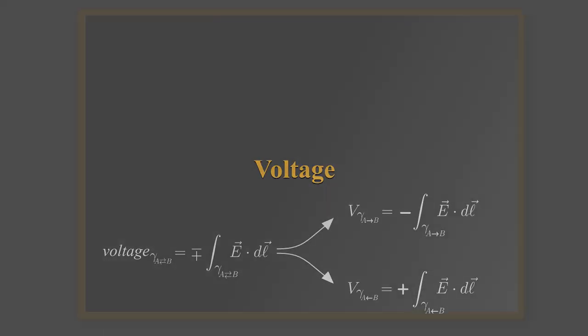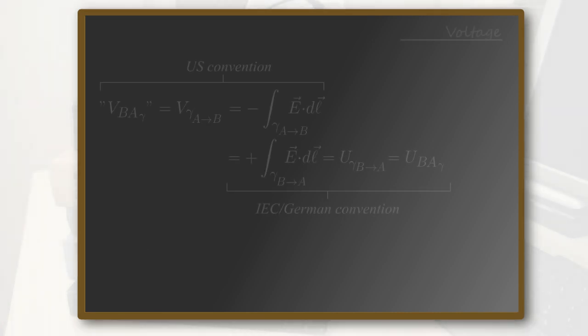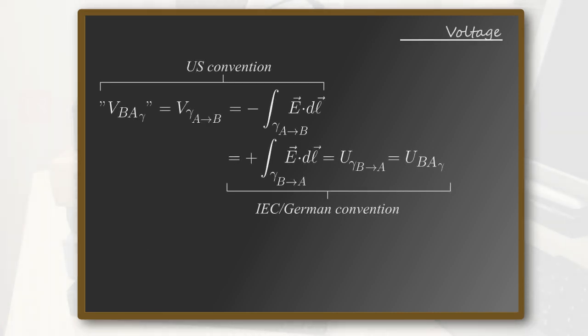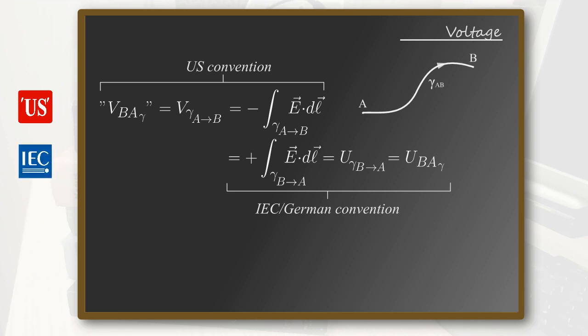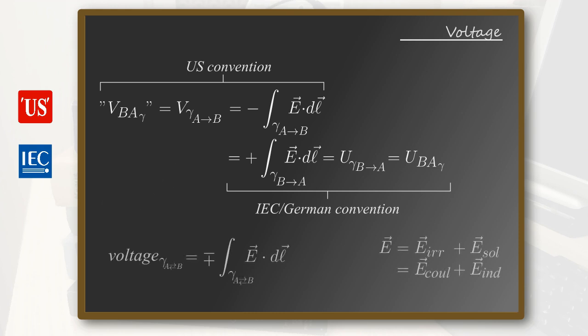In short, we define voltage along a path between 2 points A and B as the work per unit charge done against the total electric field E when going from A to B, while the IEC defines it as work per unit charge done by the electric field when going from B to A. These two equivalent ways to define voltage differ only in the sign of the integral and the orientation of the integration path, and they both give the same numerical value.